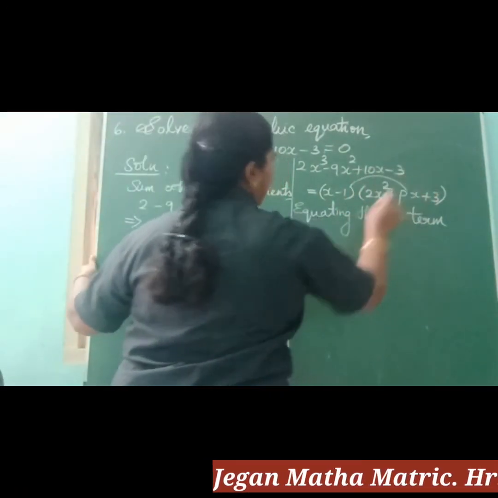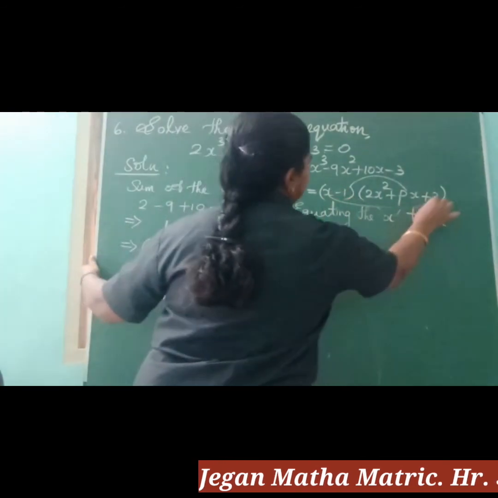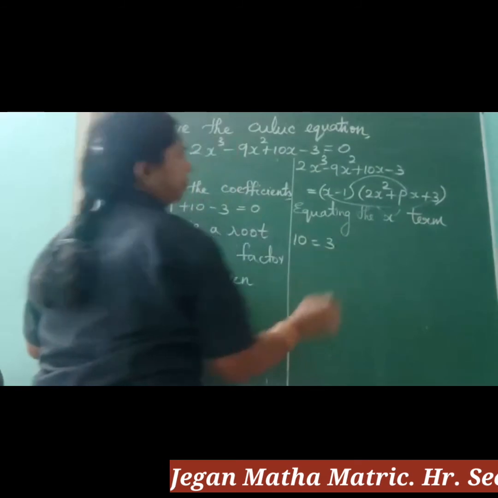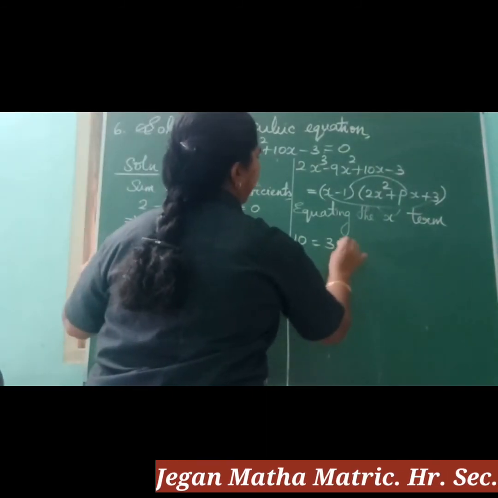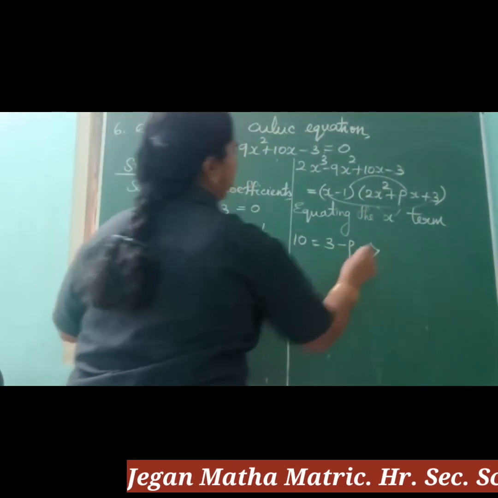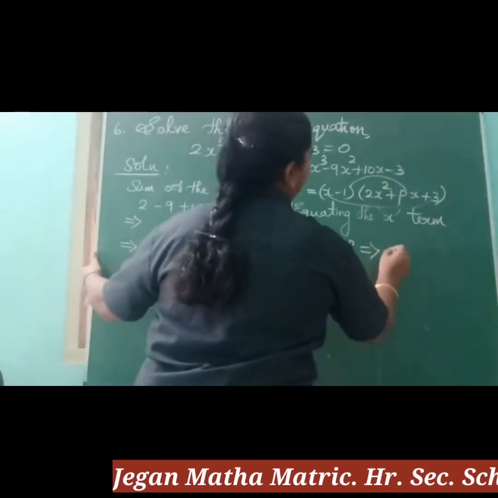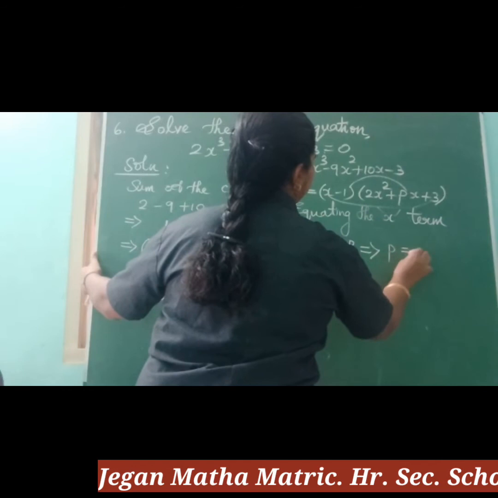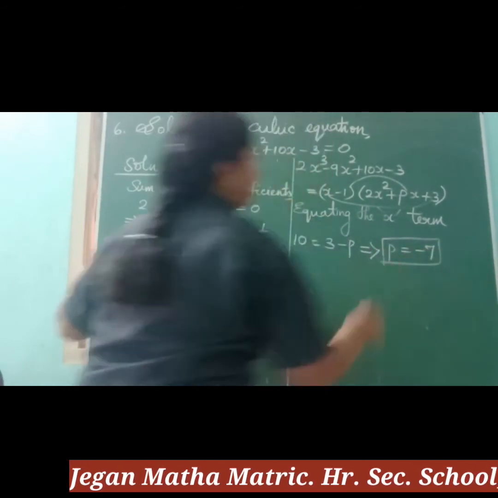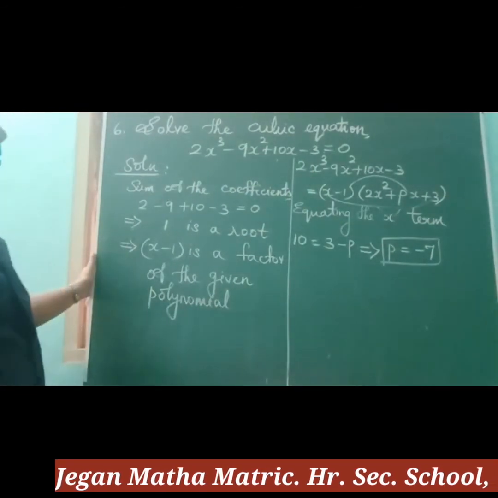Minus 1 into px, x into 3. So you can write 3 minus p. From this we can find out the value of p. p is equal to minus 7. Now we got the value of p is equal to minus 7.